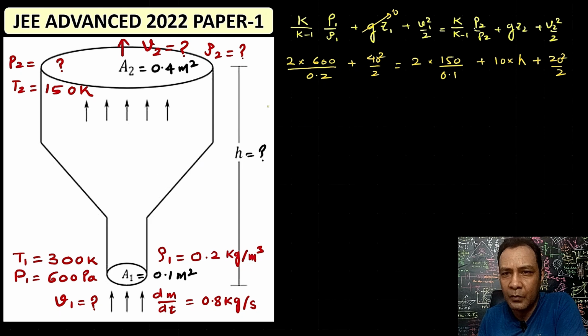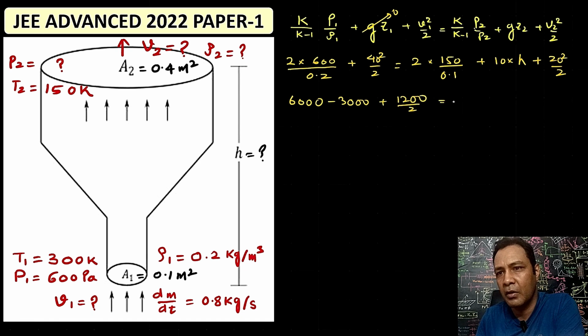So one thing, that will be how much? 10, 6,000 at the lower end, and that will be minus 3,000 at the upper end, and 40 square 1600 minus 20 square 400, so that will be 1200 by 2, and this is 10h.